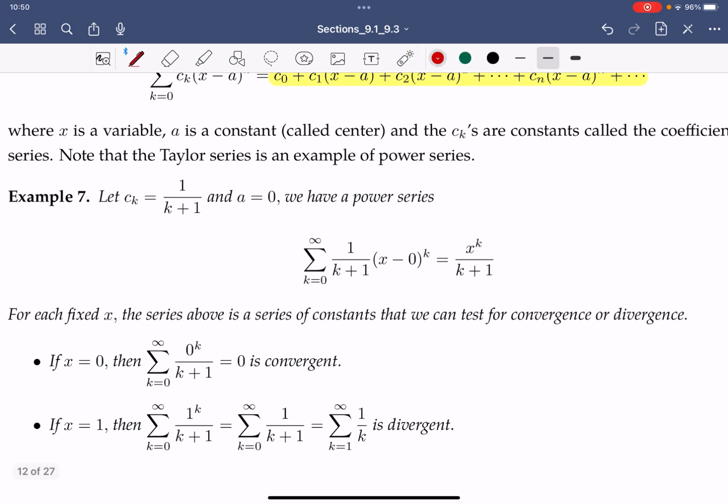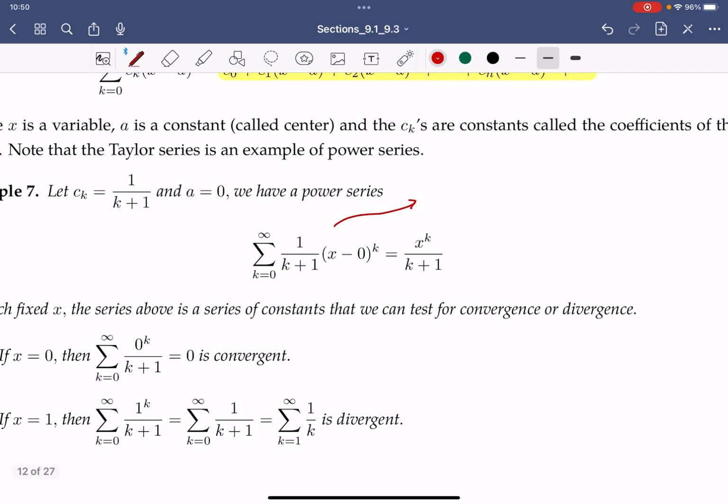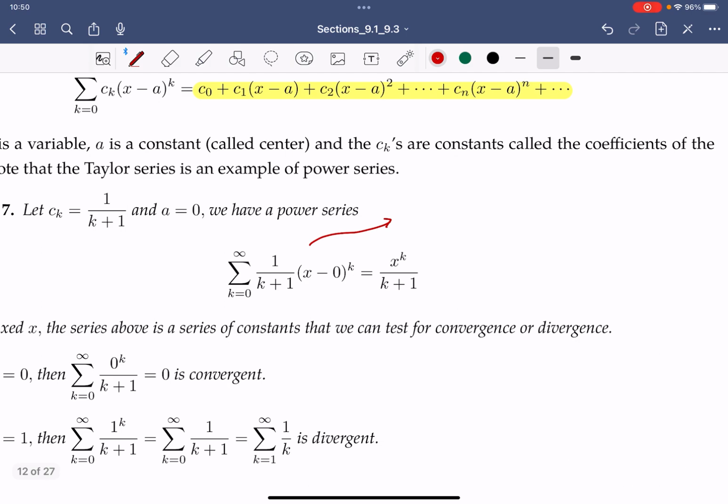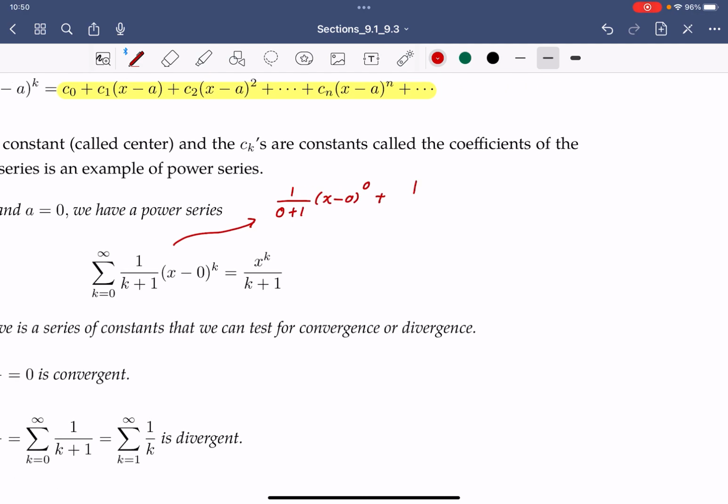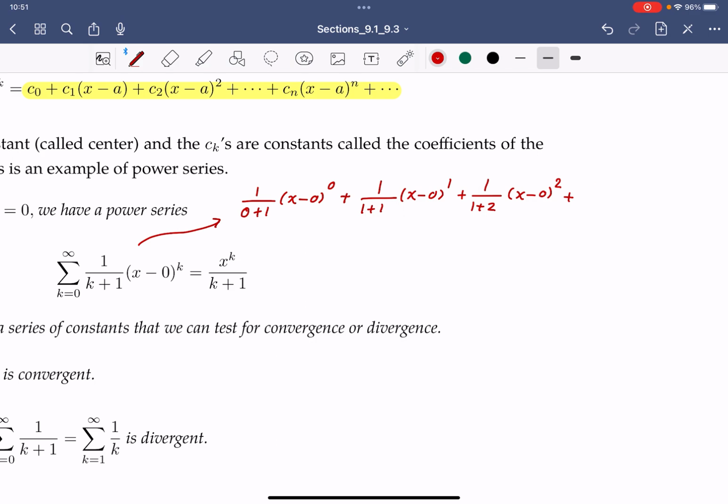If you expand it, when k equals 0 you get 1 over 0 plus 1, x minus 0 to the 0. Then 1 over 1 plus 1, x minus 0 to the 1. Then 1 over 2 plus 1, x minus 0 squared. Then 1 over 3 plus 1, x minus 0 cubed, and keep going.